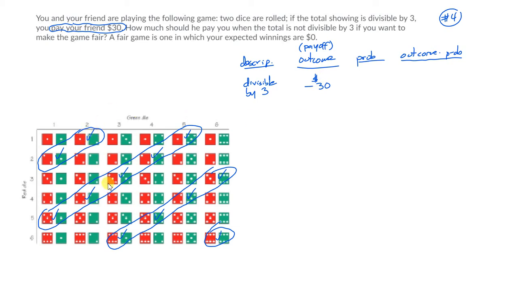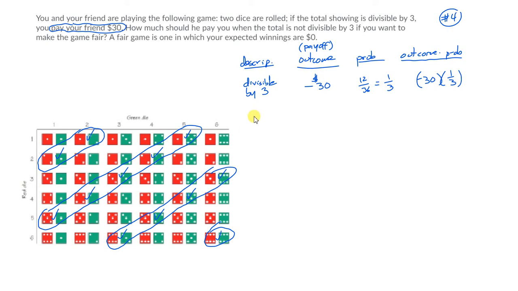We just showed there's 12 outcomes out of 36 that are divisible by 3. So the probability of having to pay this money out is 12 out of 36, or you can reduce that to 1 out of 3, because you can reduce by 12s. Then I'm going to have the outcome times the probability.